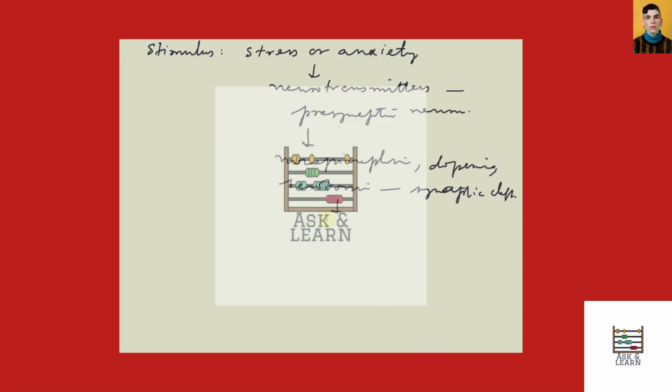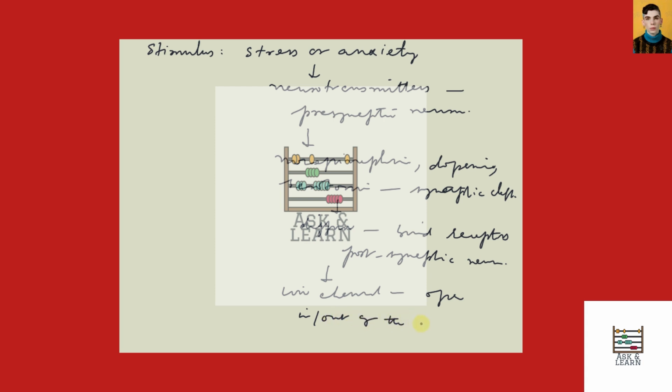These neurotransmitters then diffuse across the synaptic cleft and bind to receptors which are present on the postsynaptic neuron, and the binding of neurotransmitters to the receptors causes an ion channel to open, allowing ion flow in or out of the postsynaptic neuron.